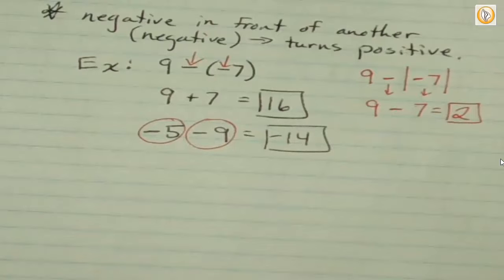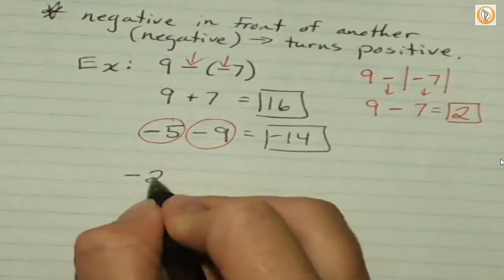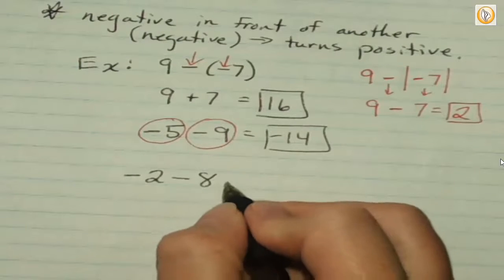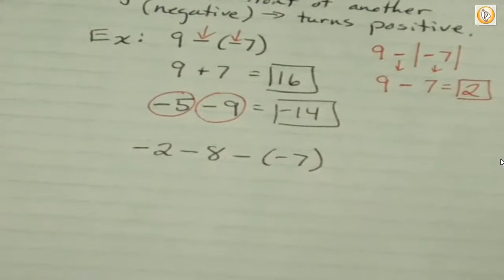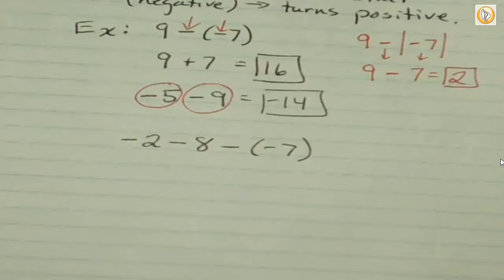It's pretty cool. Okay. -2 minus 8 minus -7. Circle -2 and -8.